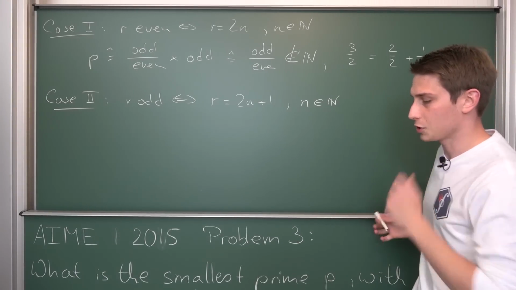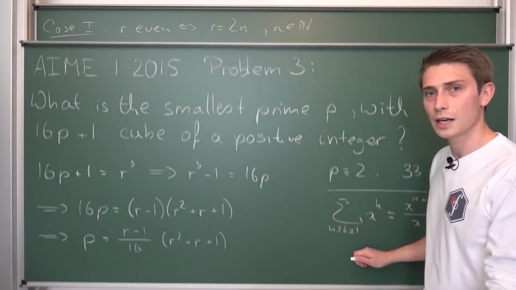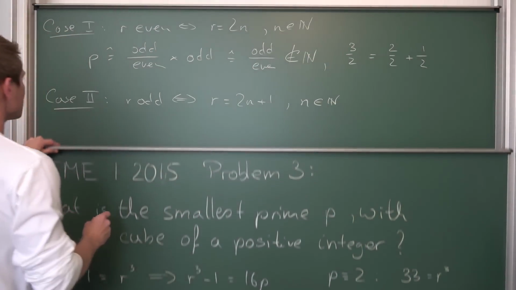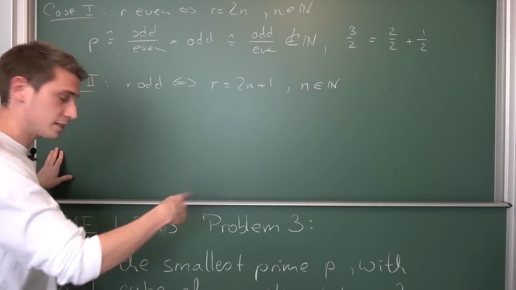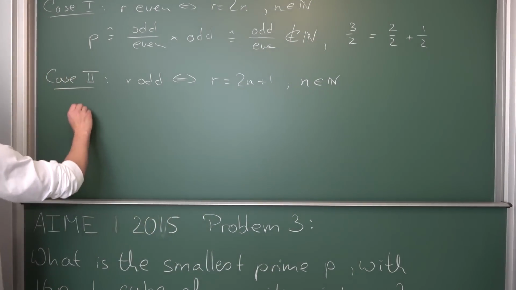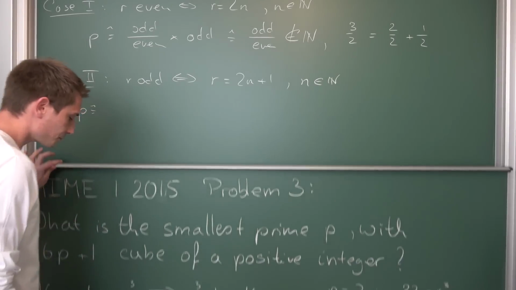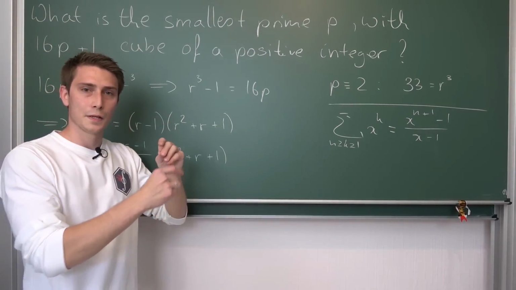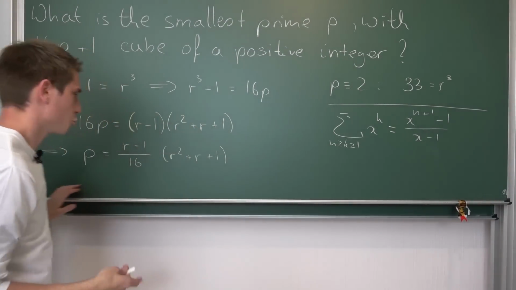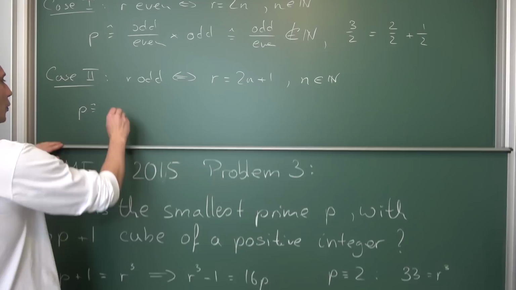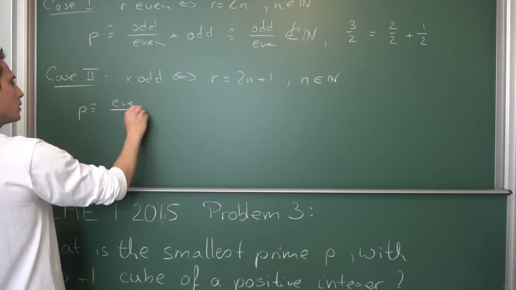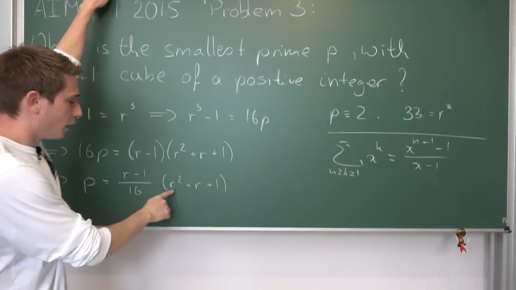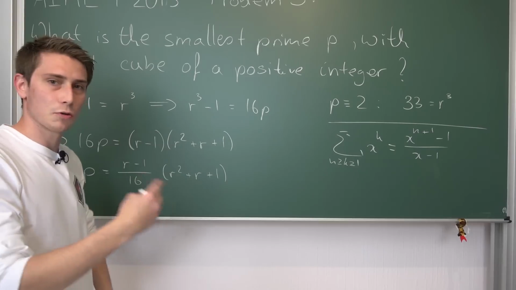So if r is odd, what is the parity of this thing? Let us go through this at first, just to verify if everything works out. P must also be odd, then, it needs to be an odd number. So P is thus in parity: r minus 1 is 2n plus 1 minus 1, which is going to give us overall an even number over an even number times, well, odd times odd is going to be odd.